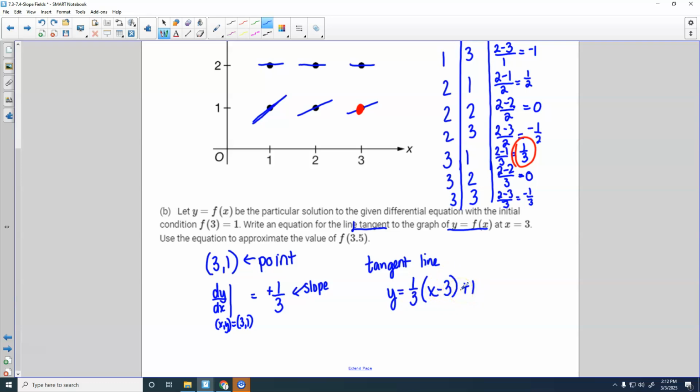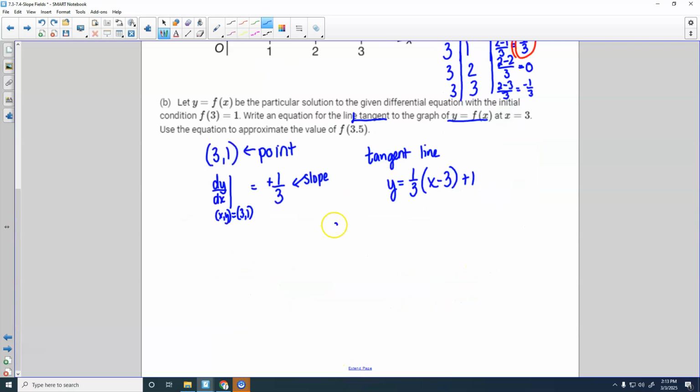That's a little bit of a good review, given that we've got a midterm coming up, because that's some stuff we've done a long time ago that we were pretty good at. We were pretty good at tangent lines at one point in time. There. Are we done? You've got to plug in 3.5.